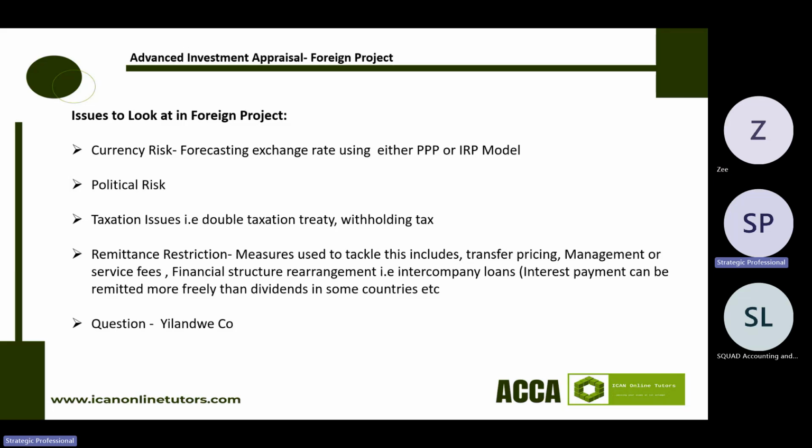I can say remit 50, I can say remit 40. But when there's a remittance restriction, which some countries usually impose, there's a cap on what can be remitted. They may say that of whatever earnings are made in China, only 30% can come to Nigeria.